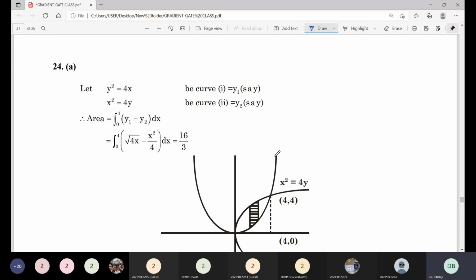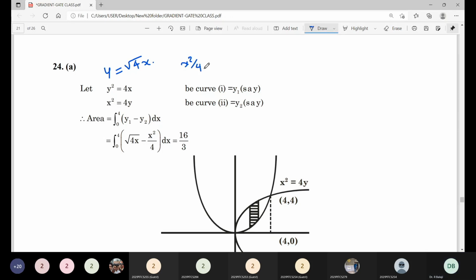Both are parabolas. I'm taking a vertical strip. Now, y1 minus y2. So y1 is, from y square equals 4x, y is equal to root of 4x. Then from the other, I'm writing y is equal to x square by 4.